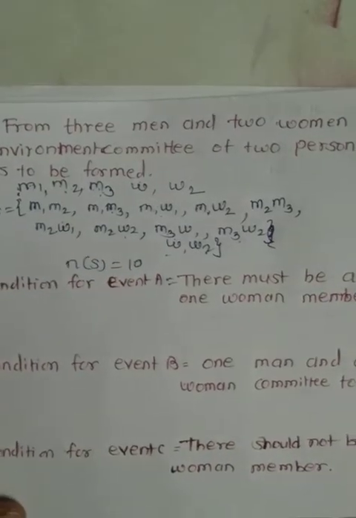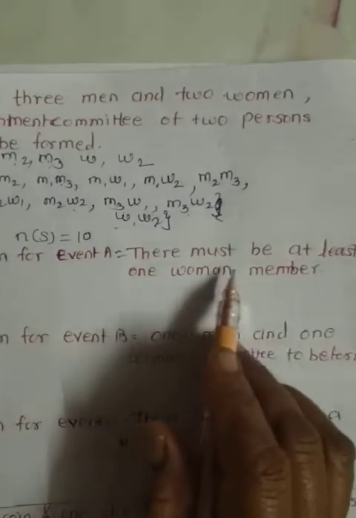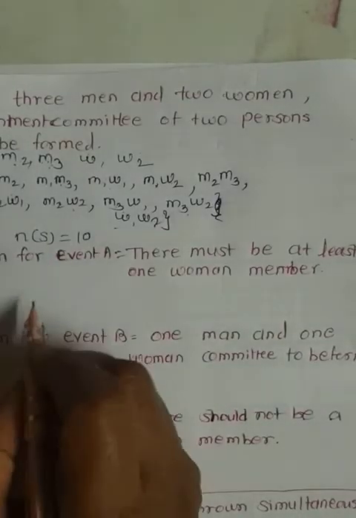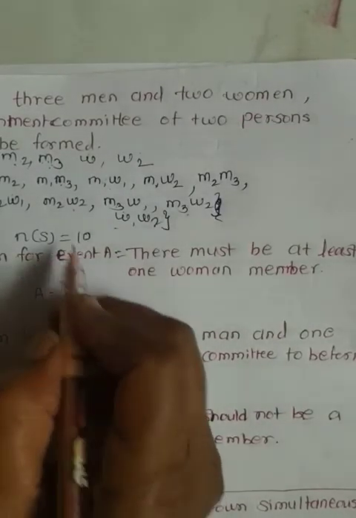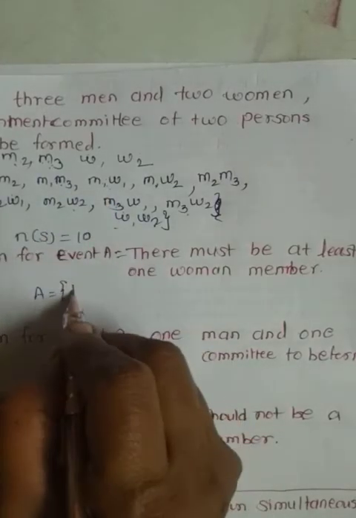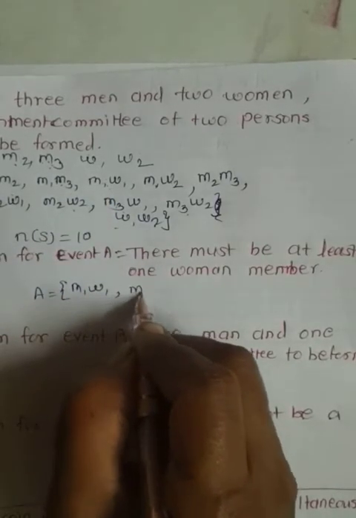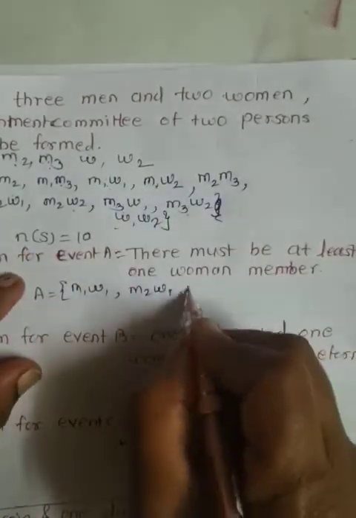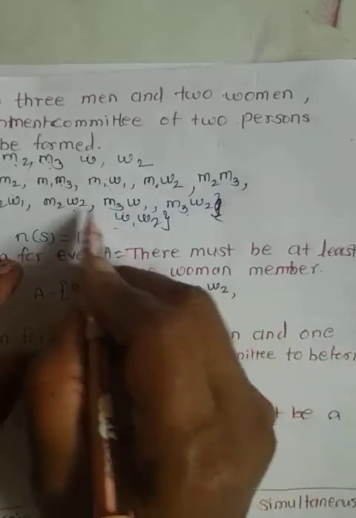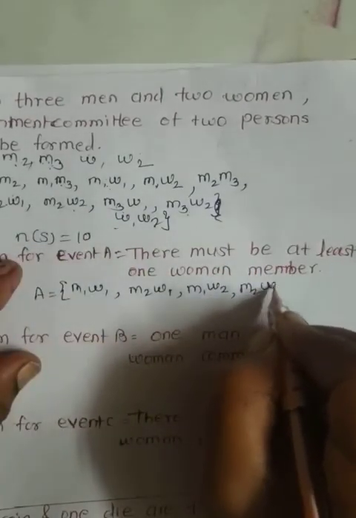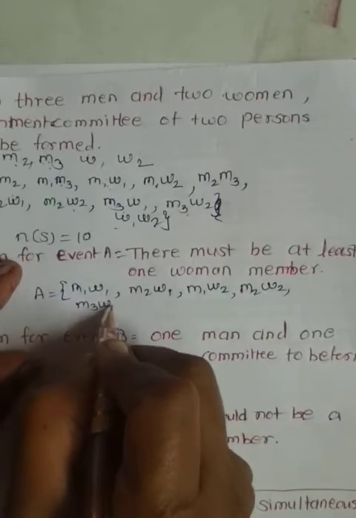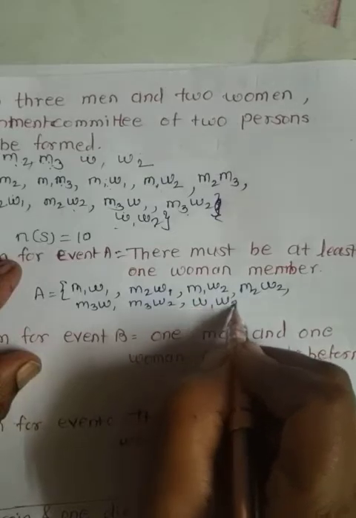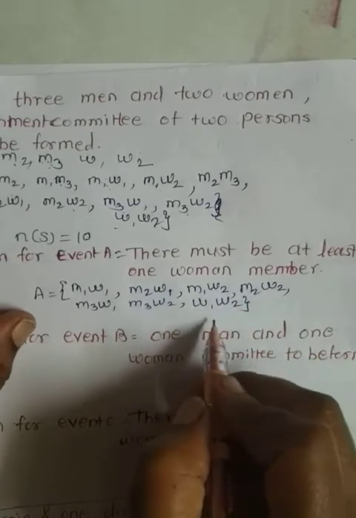Now the condition for event A, there must be at least one woman member. Means the committee should contain at least one woman, means W should be there, like this way: M1 W1, M2 W1, again M1 W2, M2 W2, M3 W1, M3 W2 and last one W1 W2, because two women may be allowed.